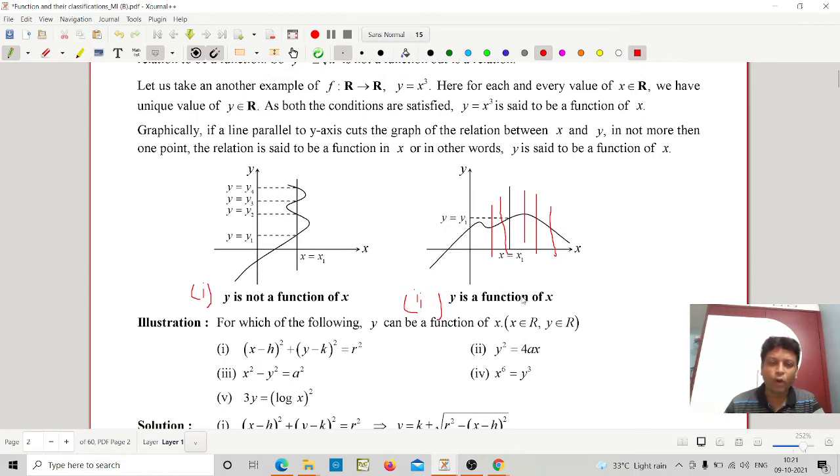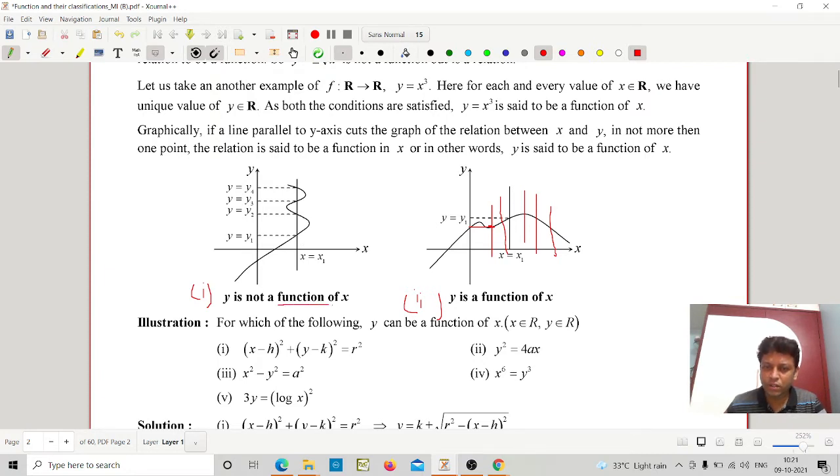That means for each element x, there exists a unique element in y. But in the other case, suppose for x equal to x1, you are getting y1, y2, y3, y4, four values. So this is one to many, that is not a function of x.